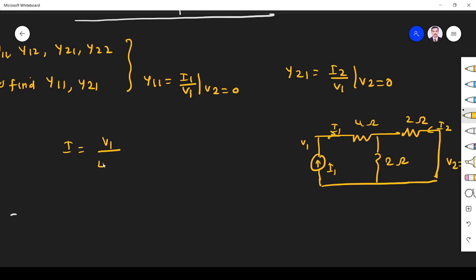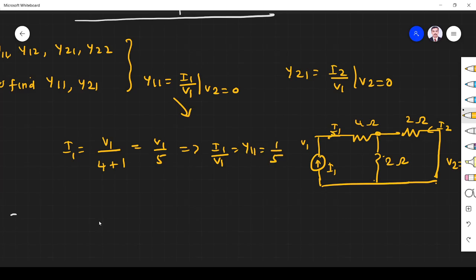What is that? 4 ohm, then this 2 ohm resistor and this 2 ohm resistor are parallel. 2 parallel 2 is 1 ohm. So this implies V1 by 5. So I1 is equal to V1 by 5, so I1 by V1, that is Y11, is equal to 1 by 5.